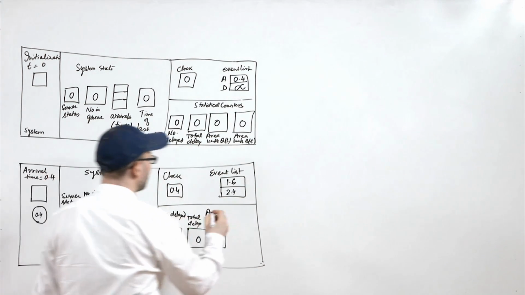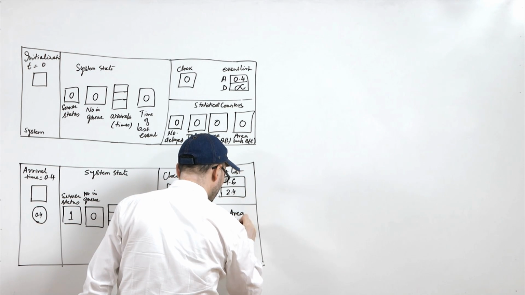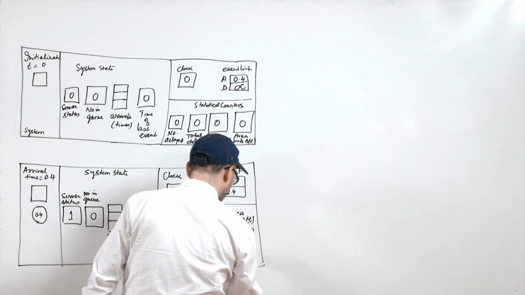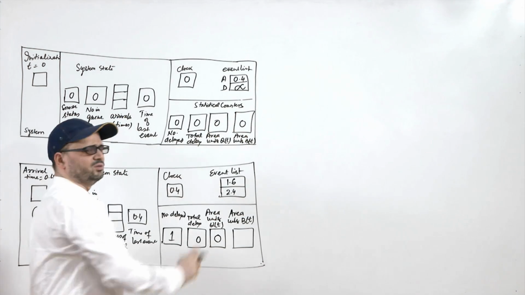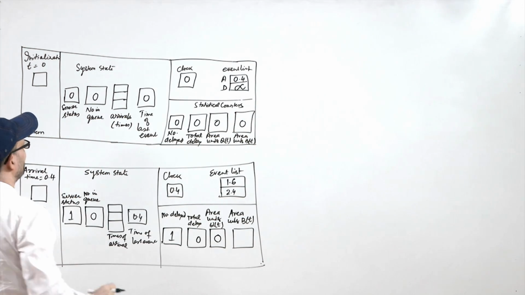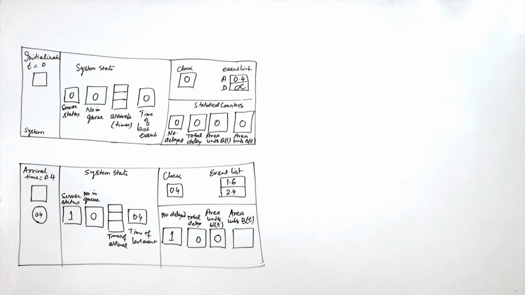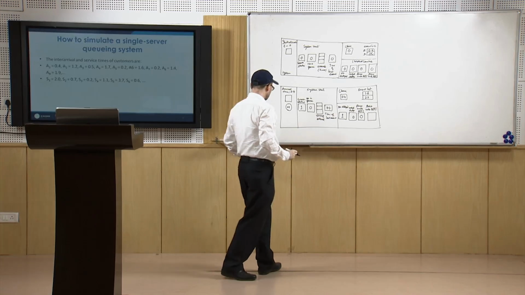Now, area under B(t), the busy time function. It will be the previous value plus whether the server is busy or idle times the time lag.